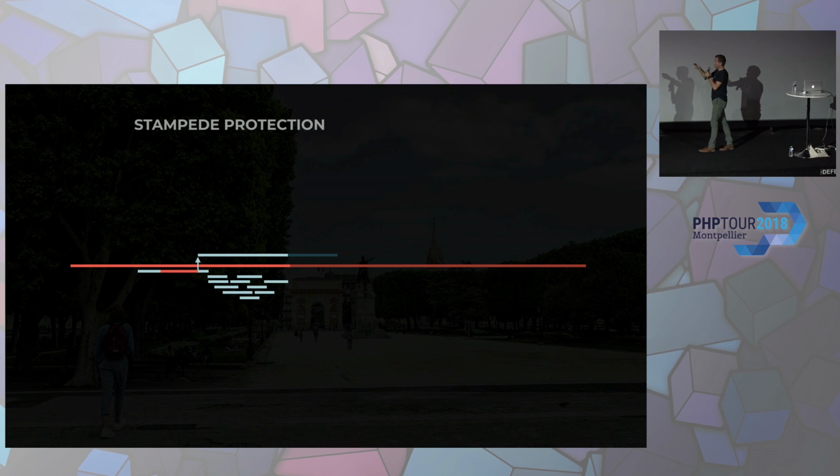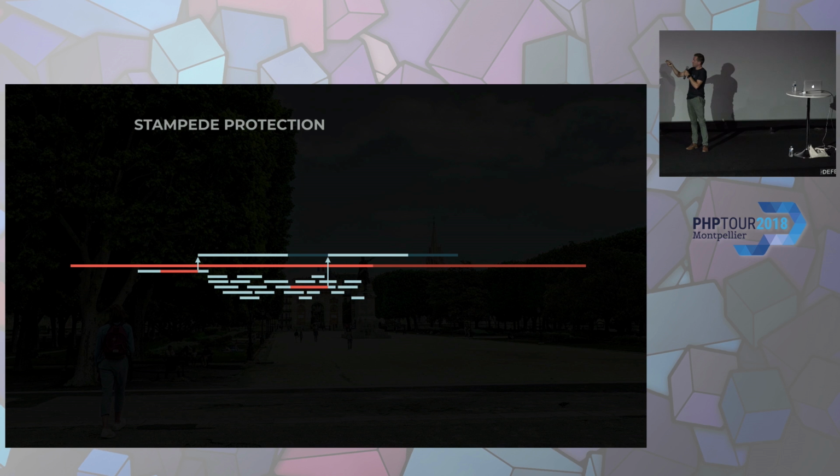And more requests are going to come in, and they're going to use the same value from the cache store. And then when the TTL is almost done, there's going to be just one request, which is going to recalculate the value. And the other incoming requests are still going to use a valid value of the cache item.